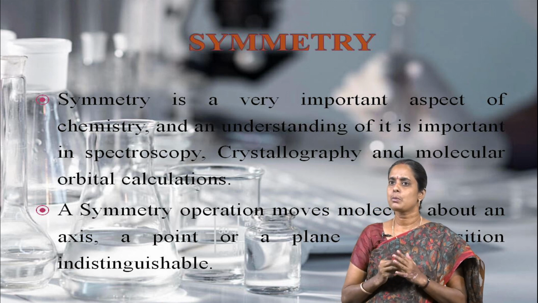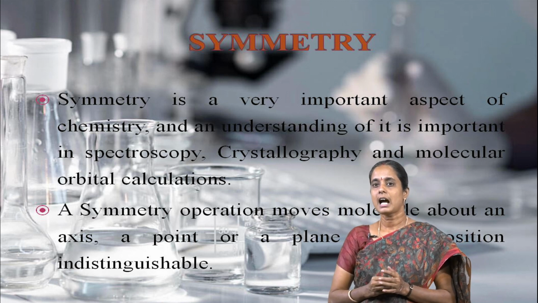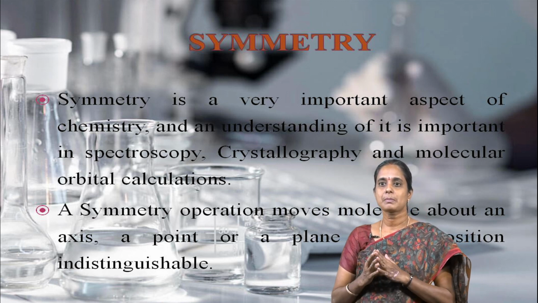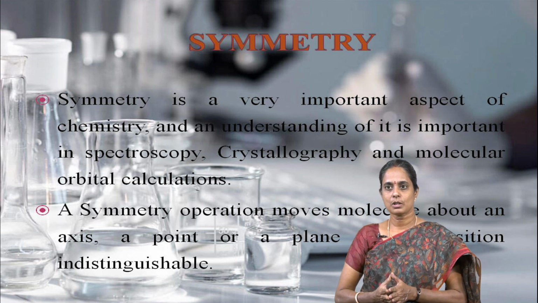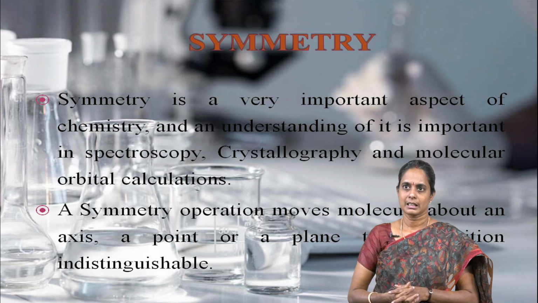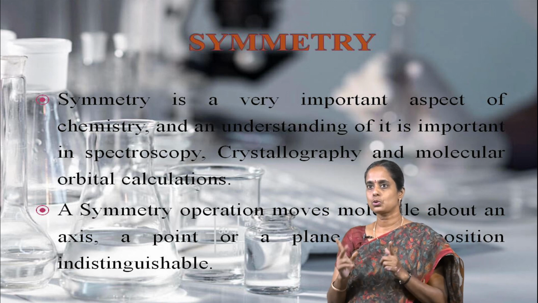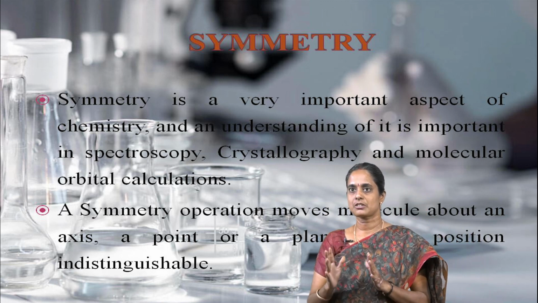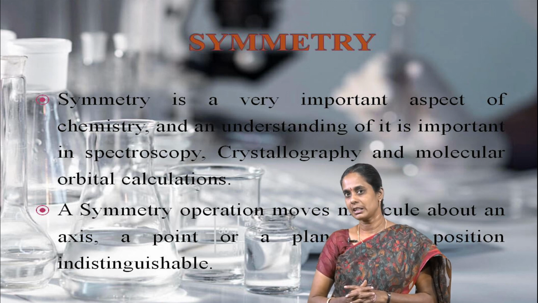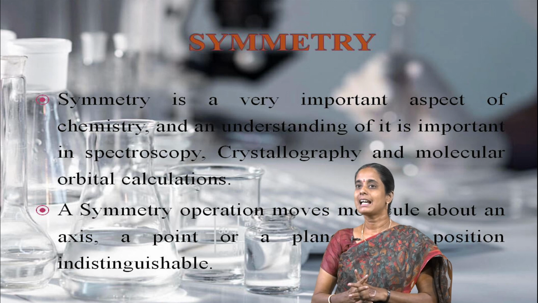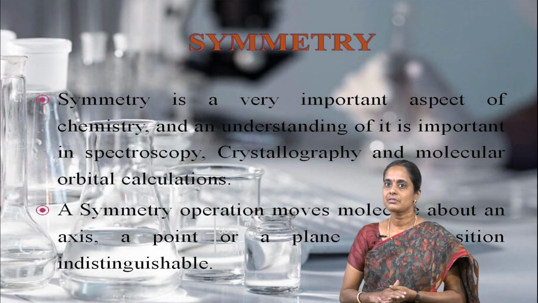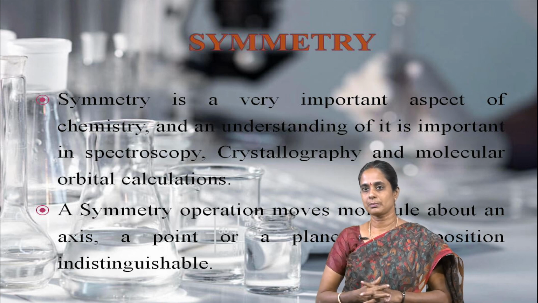Symmetry is a very important aspect of chemistry, and an understanding of it is important in spectroscopy, crystallography and molecular orbital calculations. If a molecule has two or more orientations in space that are indistinguishable, that is symmetry. That means the rearrangement of a molecule after which it appears unchanged.